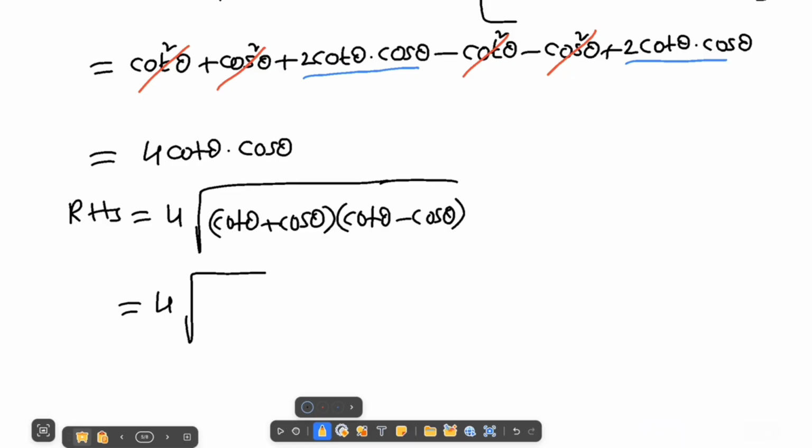So 4 times of, now this is like a plus b into a minus b. So a plus b into a minus b, a square minus b square, means you will get cot square theta minus cos square theta.